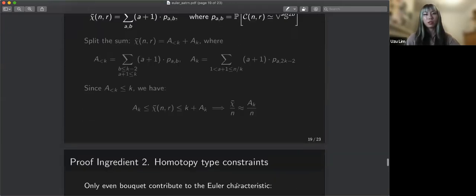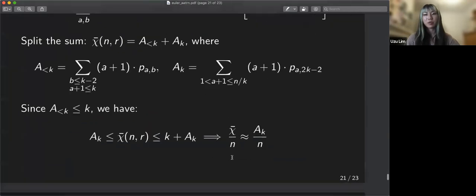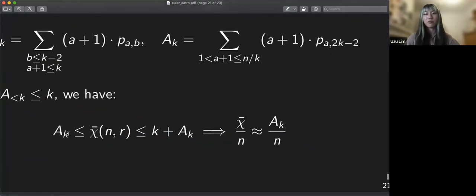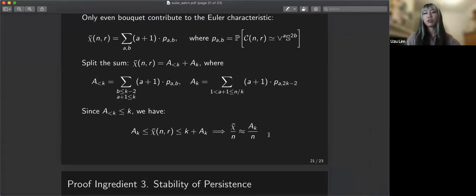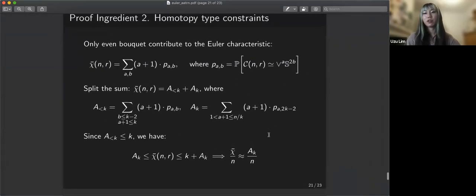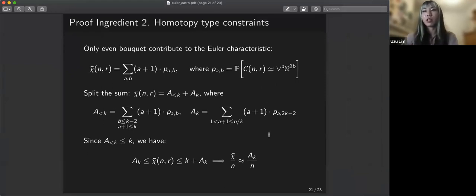Let me see. Remember there's this expression in the last part that I just gave. It says that the Euler characteristic is approximately equal to this AK, and that's all the contribution from the 2K minus 2-dimensional spheres here. The only way to get a contribution into the even Betti number is via this probability of the wedge sums of spheres happening in that dimension. That's how that enters.